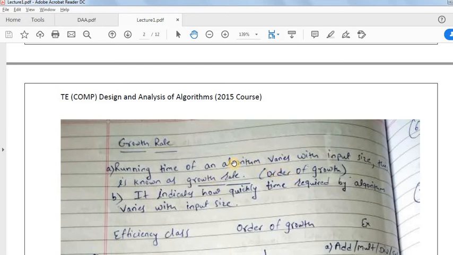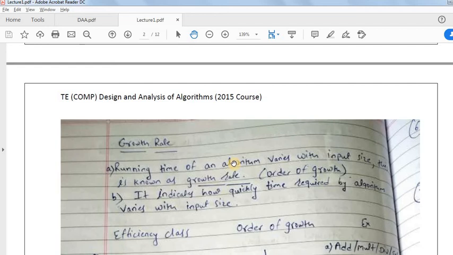Example, suppose we are having a linear time algorithm, let us say linear search, with the input size n as 5. So I will require 5 comparisons for checking if a number is present in a list of 5 integers. As the size grows, let us say we are having 100 integers, I will require nearly 100 units of time.